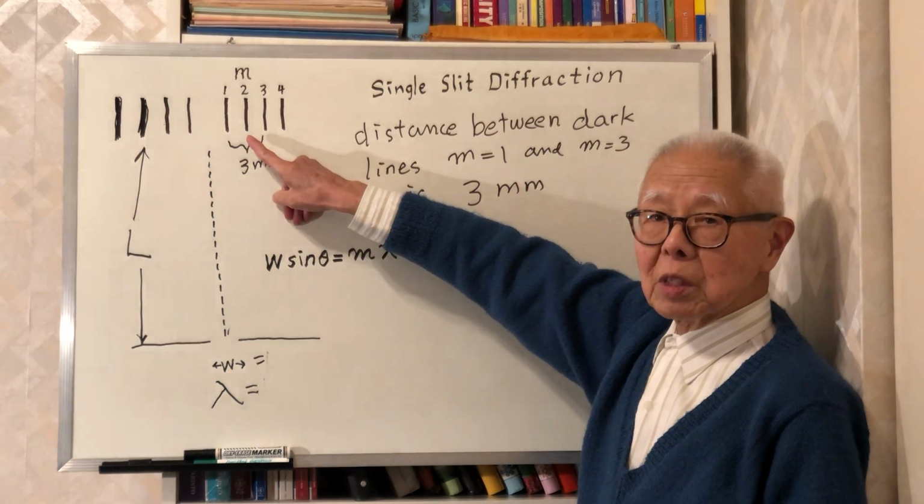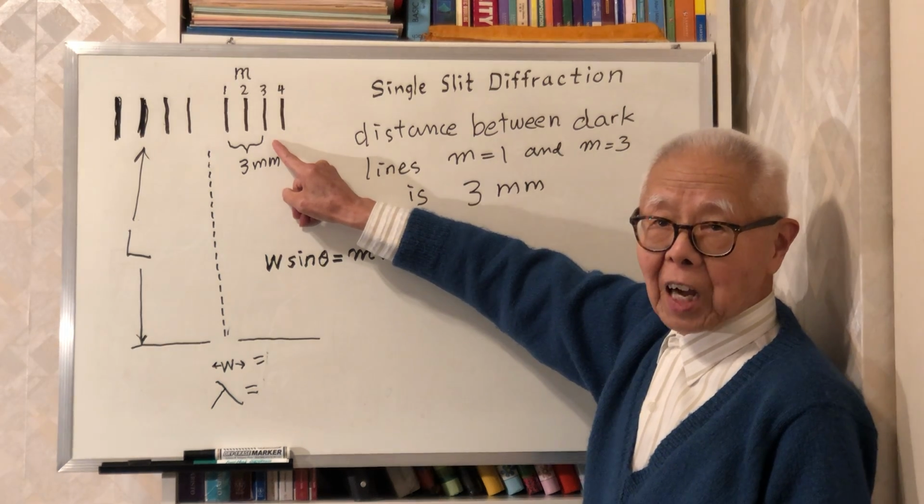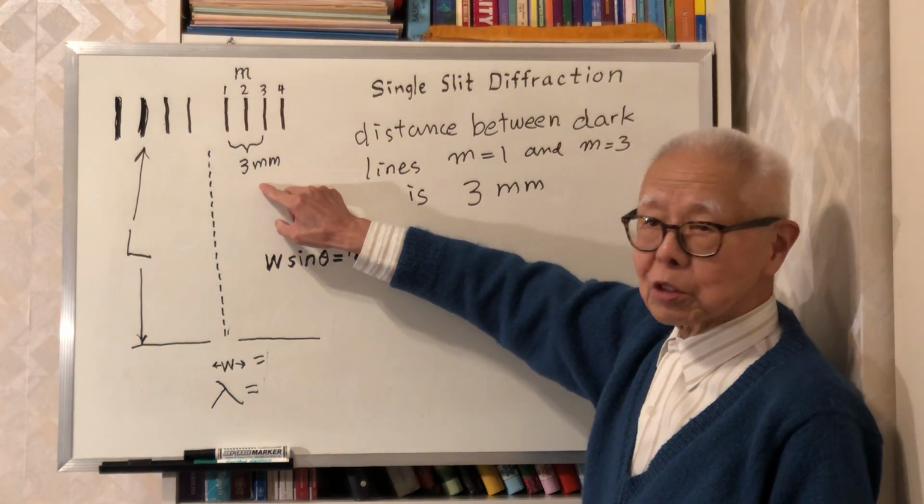The distance between the first dark line and the third dark line is 3 millimeters.